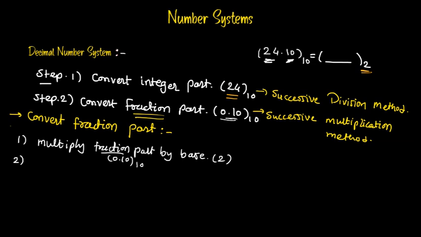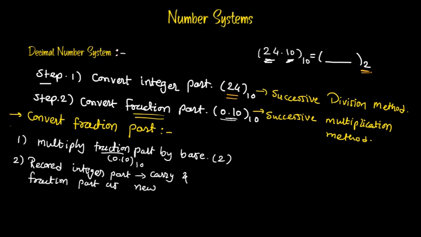Second step: record the integer part of the product as the carry, and the fraction part as the new fraction part. Record or store the integer part as the carry and the fraction part as the new fraction part.